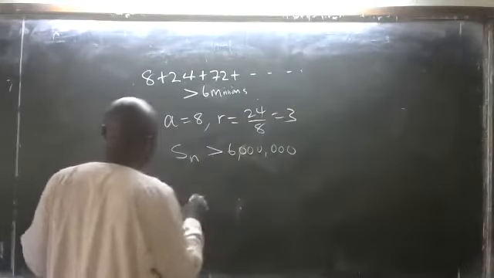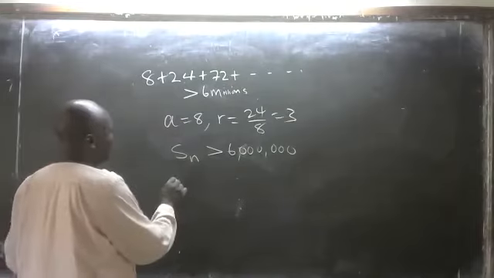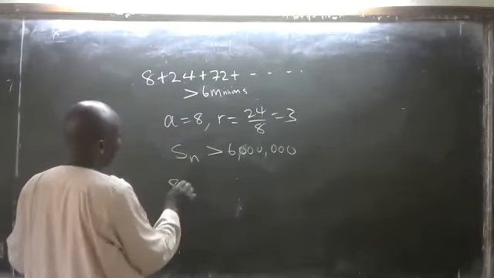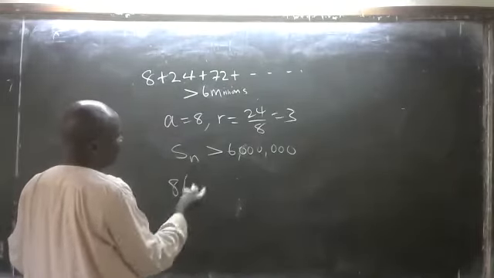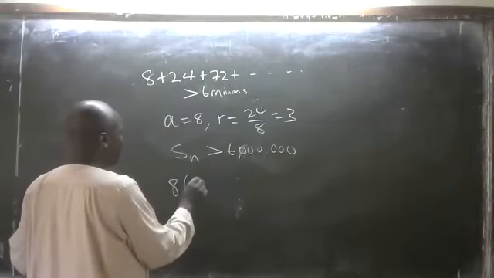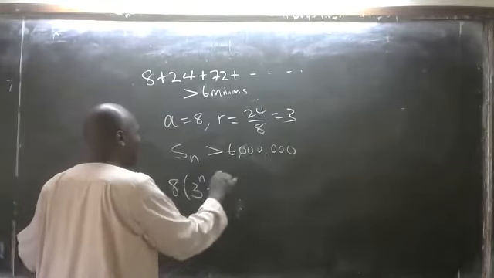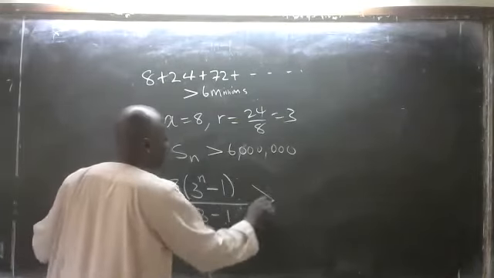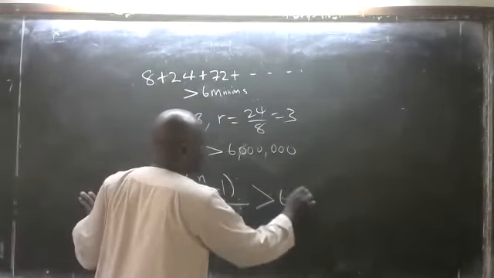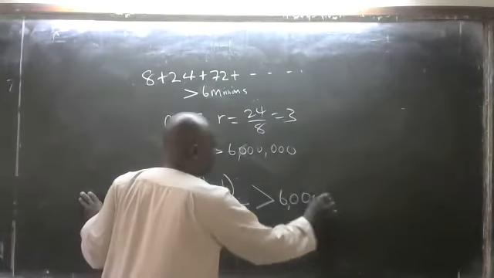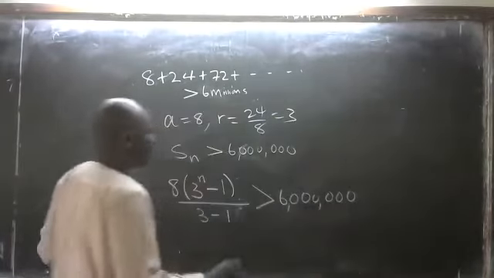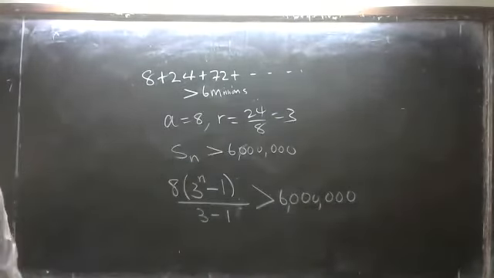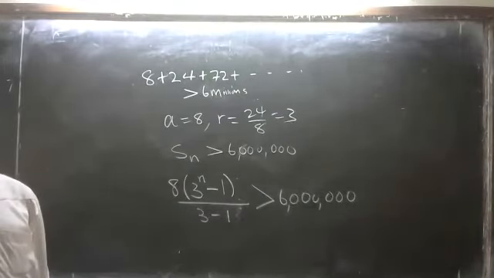So therefore, using our SN, we shall say A, which is 8, times R, which is greater than 1, so it will be 3 power N, which we don't know, minus 1 over 3 minus 1 must be greater than 6 million. Then we work with that symbol greater than until we determine N. Don't put equal.